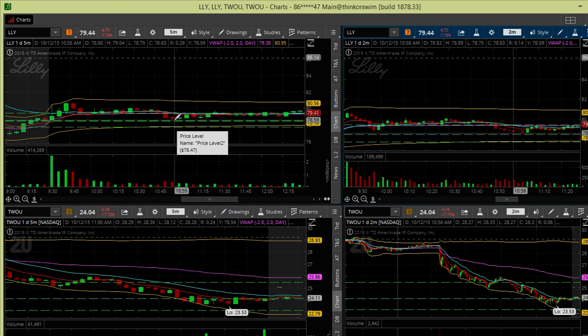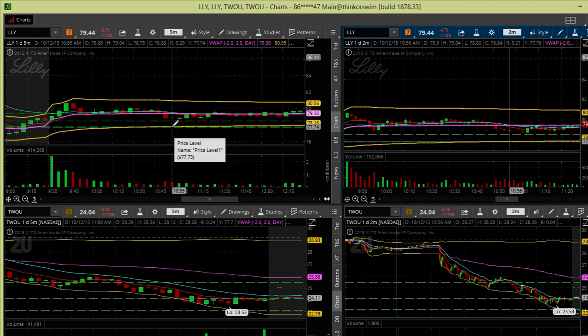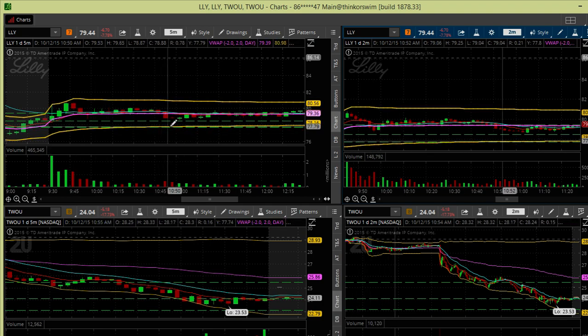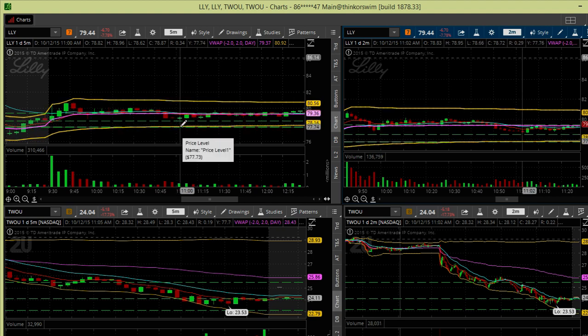But what I was looking for was it to fade past this and come on down and hit this level here, where the lower deviation band was just riding along that support level. This is where I really wanted it to come and where I wanted to take profits.